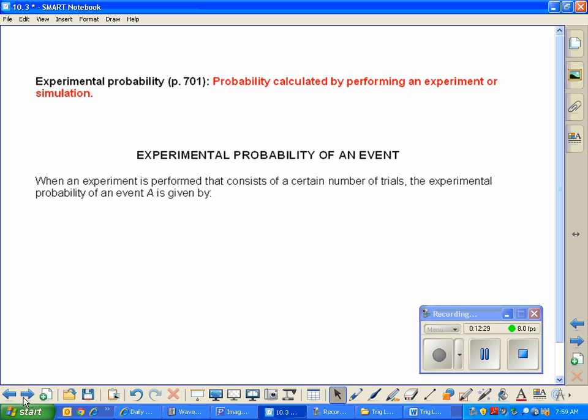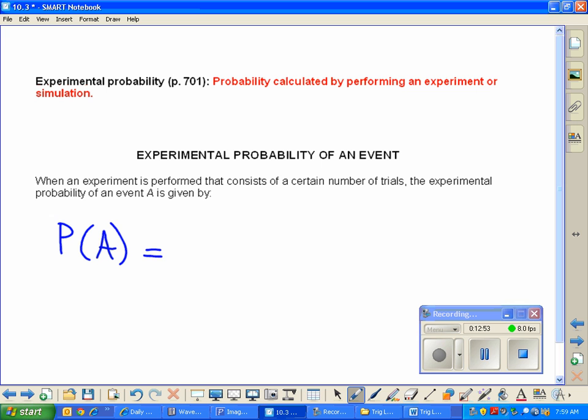And when an experiment is performed that consists of a certain number of trials, the experimental probability of event A happening is this. We still use P of A, this function notation that we've grown oh so fond of over the course of the year. We read this as the probability of A happening. And again, it's a probability.